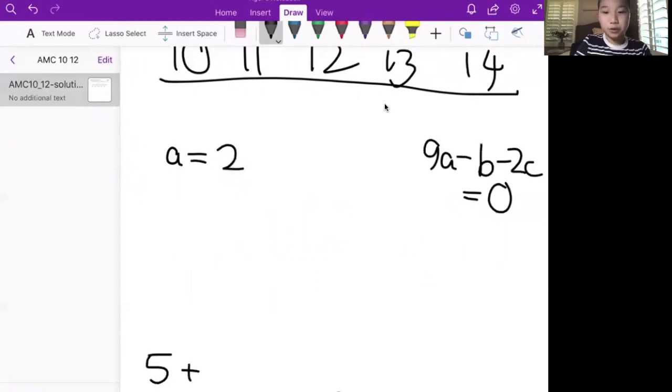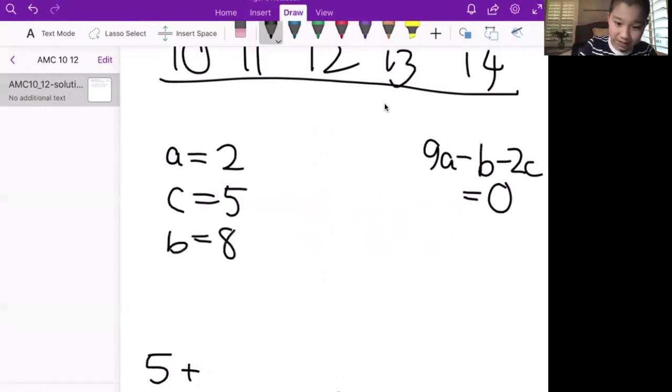For A equals 2, then let's do C again. If C is equal to 1, no, B would be greater than 9. 2, no. 3, no. 4, no. 5, yes. C is 5, then B is 8.